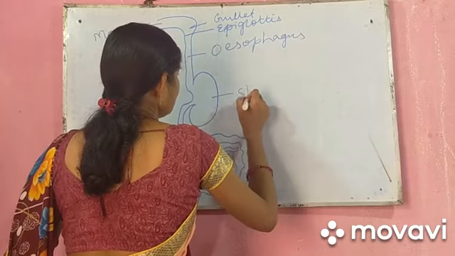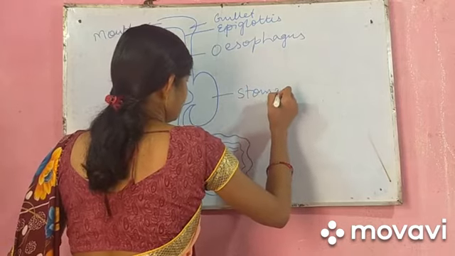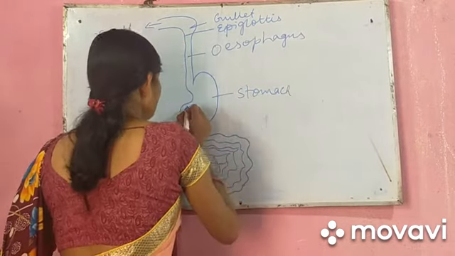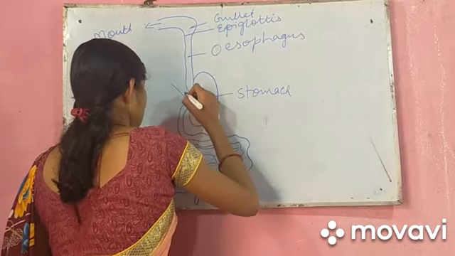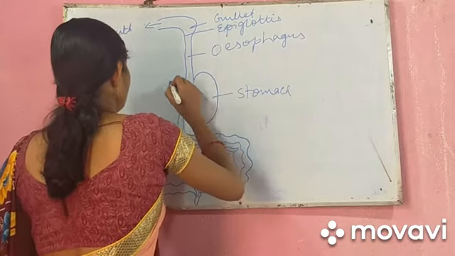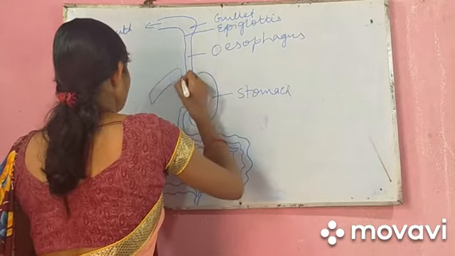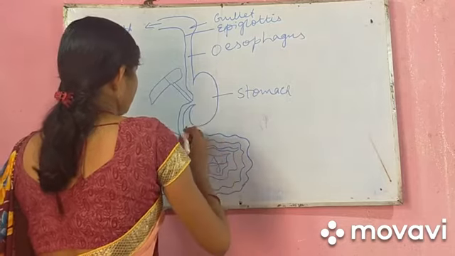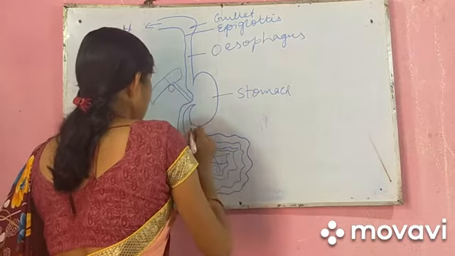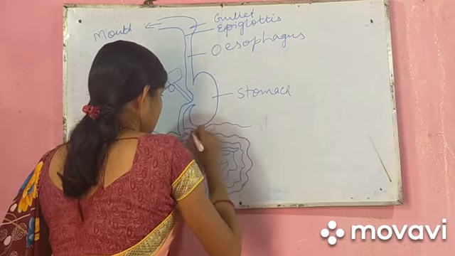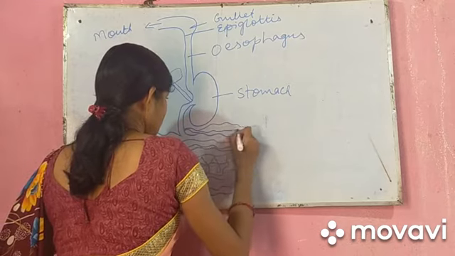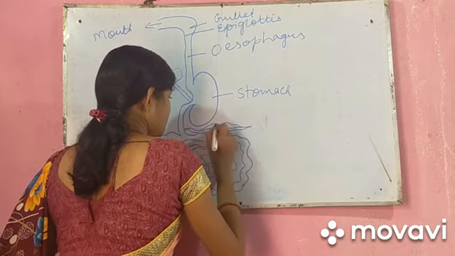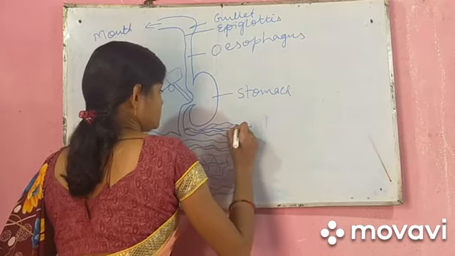This is the stomach. Here is the liver. Here is the gallbladder. This is a leaf-like structure, that is the pancreas.